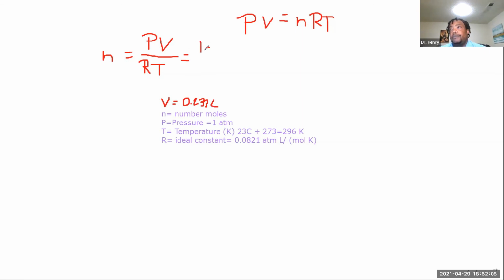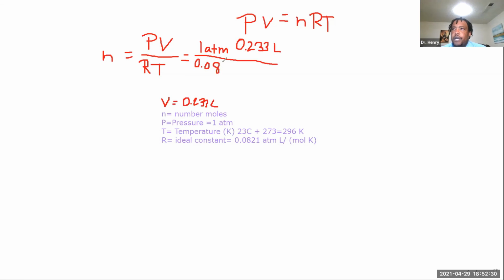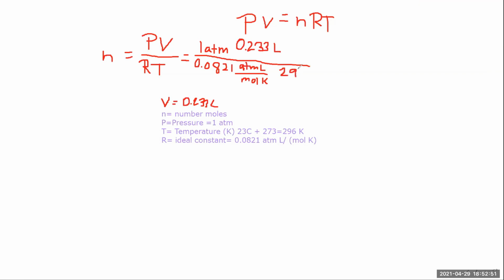So I'll put 1 atm times 0.233 liters over 0.0821 atm liters over moles Kelvin, and 296 Kelvin.